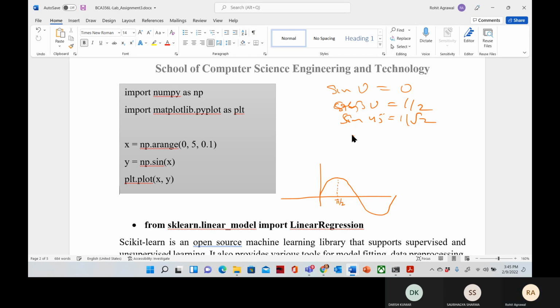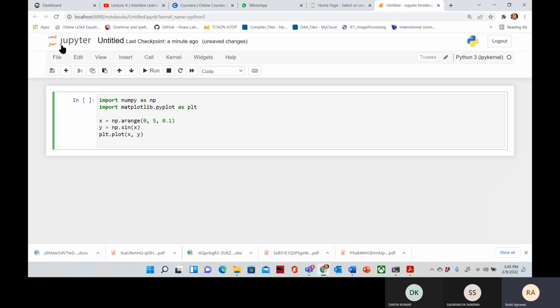So sine 60 was root 3 upon 2 and sine 90, that is pi upon 2, is 1. So this is 1 here. Now see, almost the same graph will come.